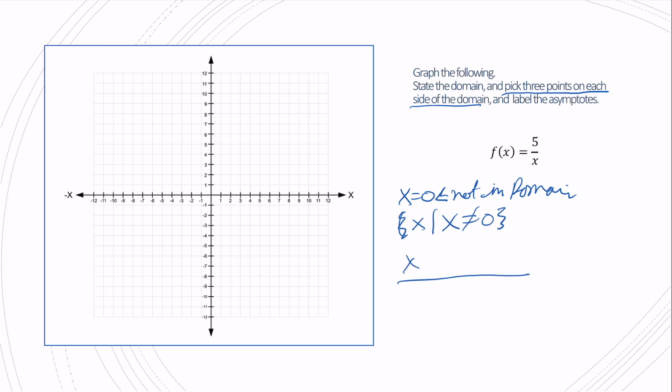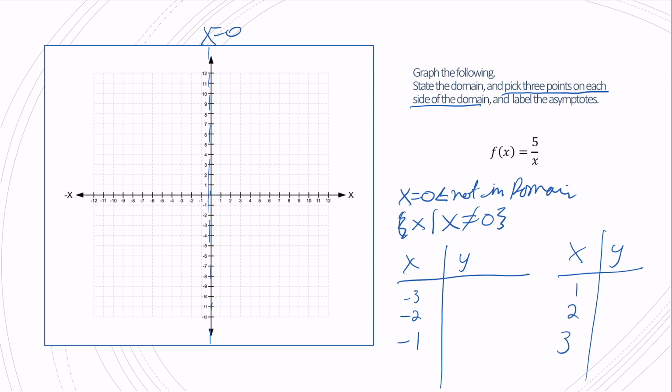Now I need to pick out some x values to fill out this table. I like to pick 3 on either side of the excluded value of my domain. So I'm going to pick negative 3, negative 2, and negative 1. And I'm going to pick 1, 2, 3.